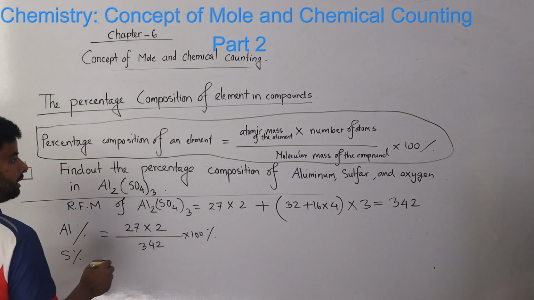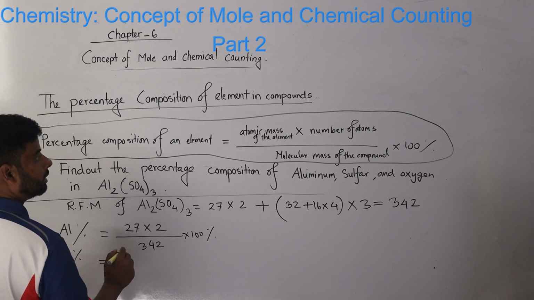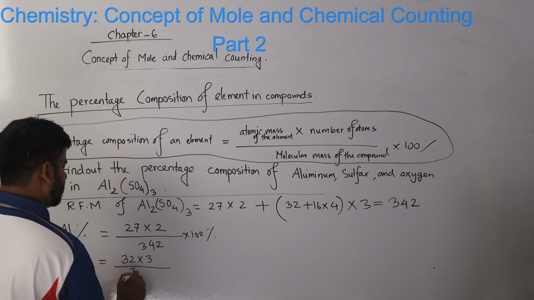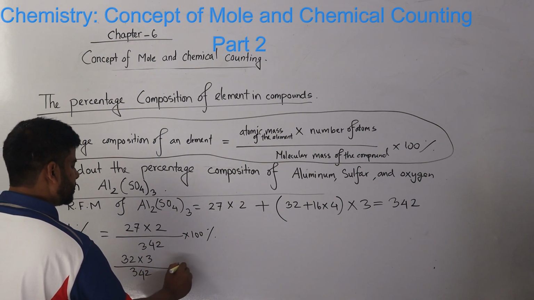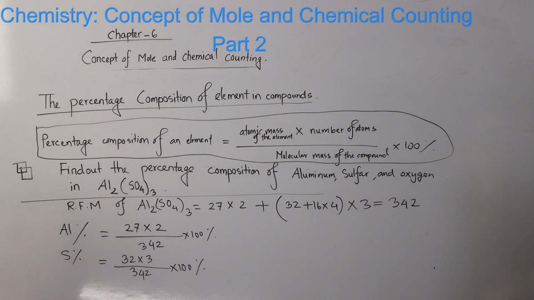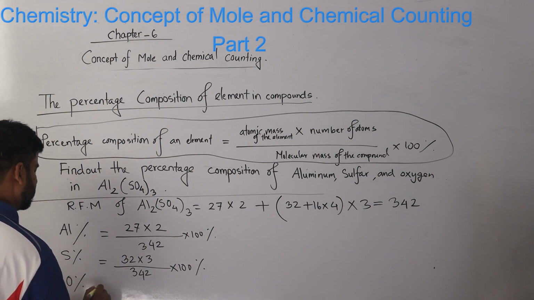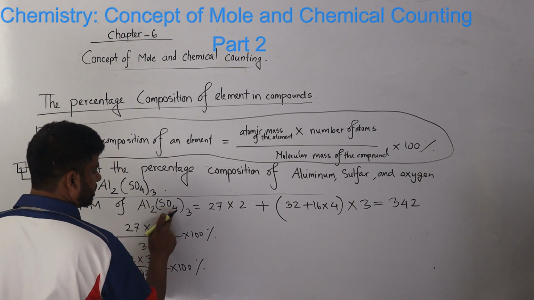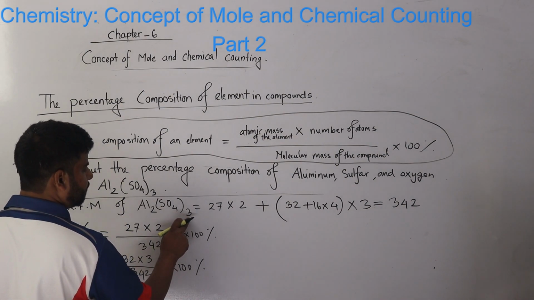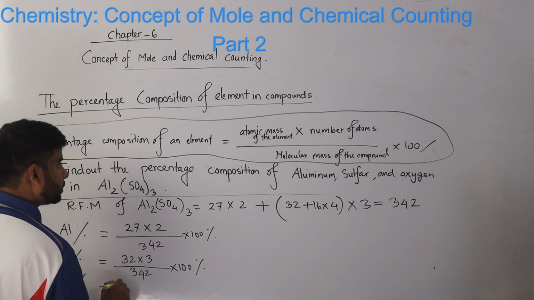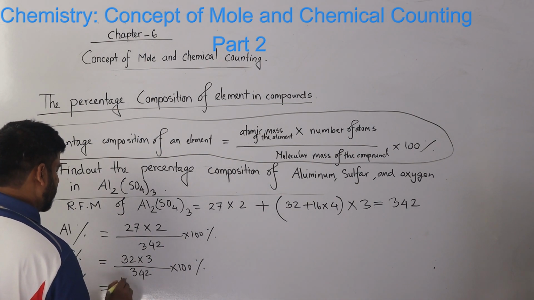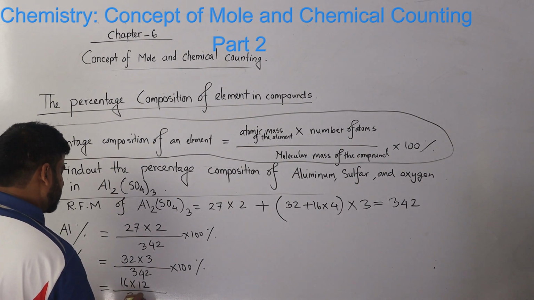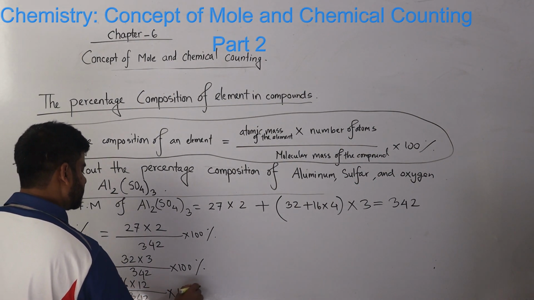There are 3 sulfur here, and the atomic mass of sulfur is 32. So 3 sulfur divided by 342, multiplied by 100%. And the percentage of oxygen: sulfate has 4 oxygen, but overall there is a power of 3, so 12. The atomic mass of oxygen is 16, multiplied by 12, divided by 342, multiplied by 100%.